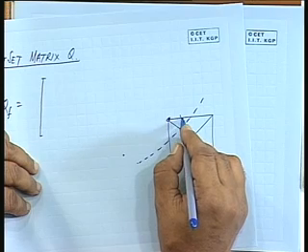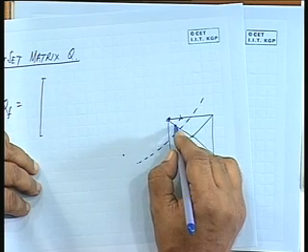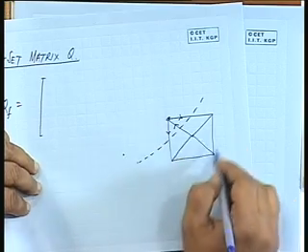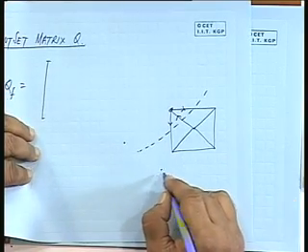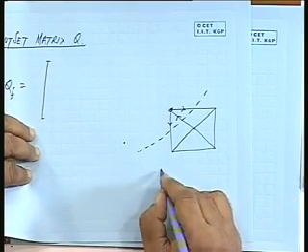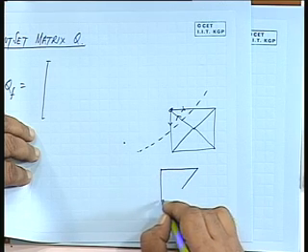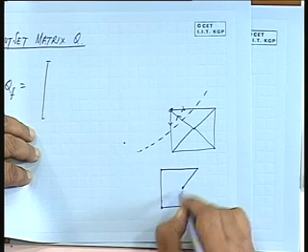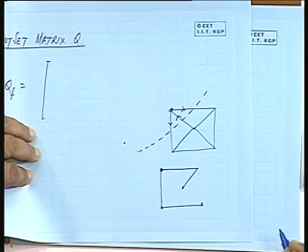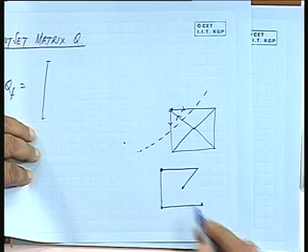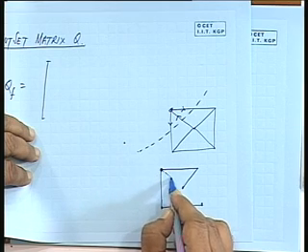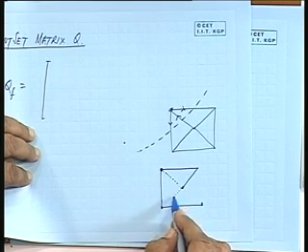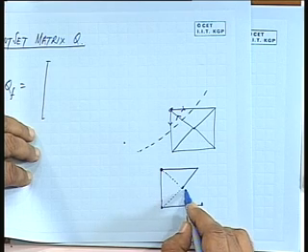So, these may be the directions of different elements. Now, depending on the choice of the tree, suppose this is a tree, then this would have been a twig, and this would have been a link.